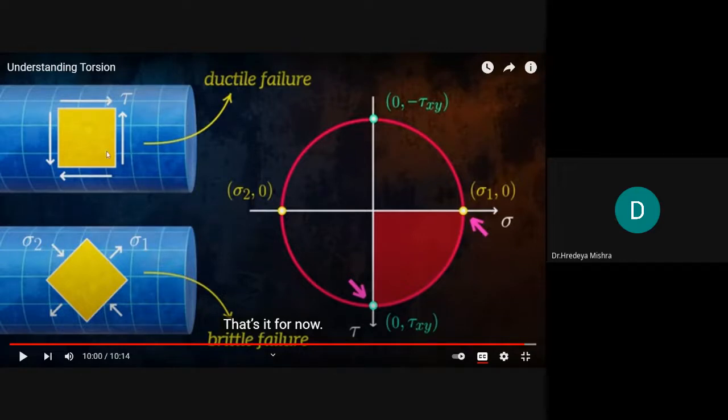Okay, brittle material fails like this, and sorry, ductile material fails like this, and brittle material fails like this. Then what happened? The brittle material breaks due to the tension, and ductile material fails due to the compression and tension combination. Okay, so now we can start our PPT for the lecture.